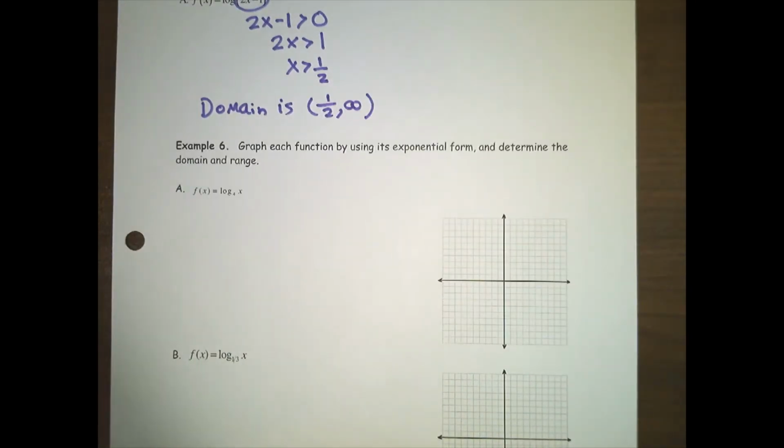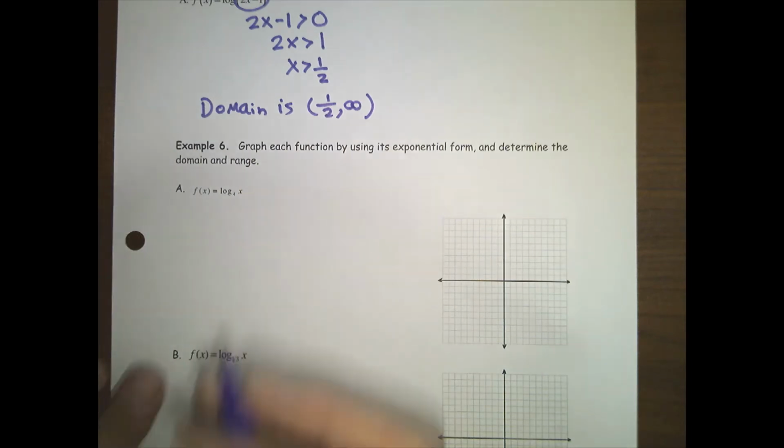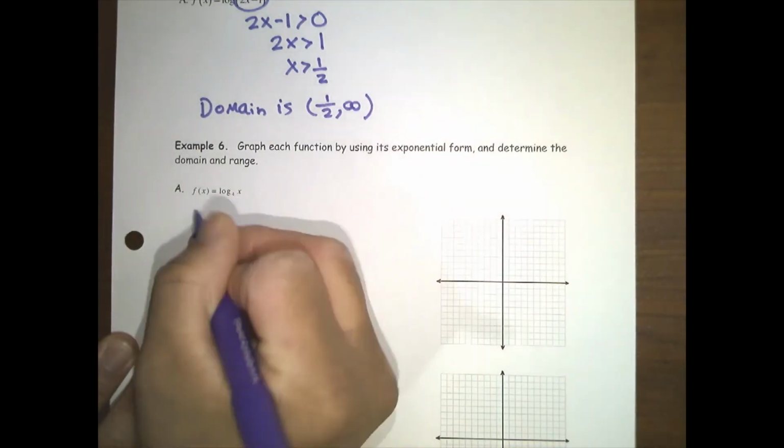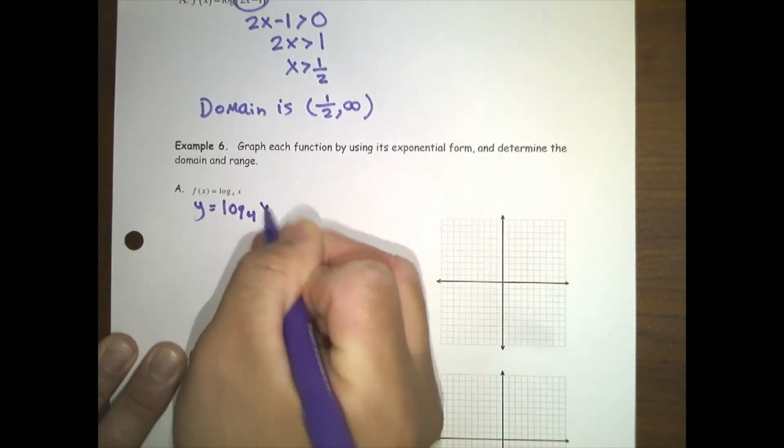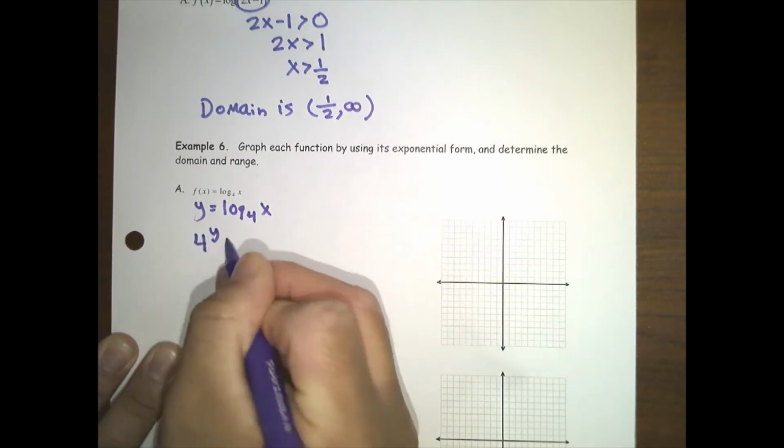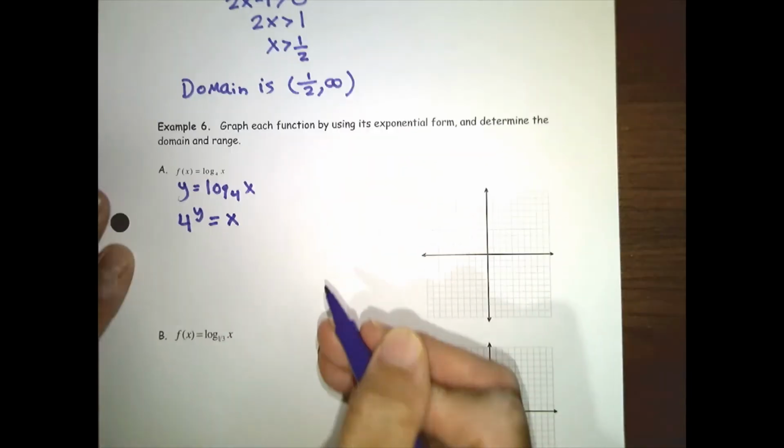Now let's graph each function by using its exponential form and determine the domain and the range. Another way to write y equals log base 4 of x is 4 to the y power equals x.